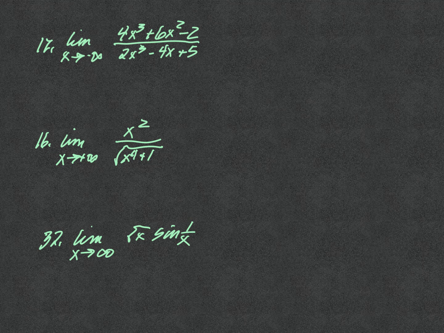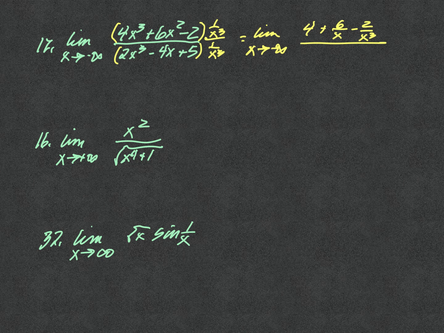Okay, here we go. So the first one, where you have the polynomials, we're going to do it just like the last problem. I'm going to multiply the numerator by 1 over x cubed and the denominator by 1 over x cubed. So I'm multiplying by 1, and therefore I can simplify this, and that'll give me the limit as x approaches negative infinity of 4 plus 6 over x minus 2 over x cubed over 2 minus 4 over x squared plus 5 over x cubed.